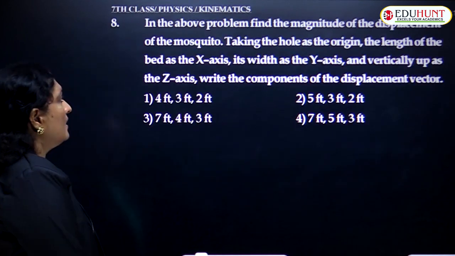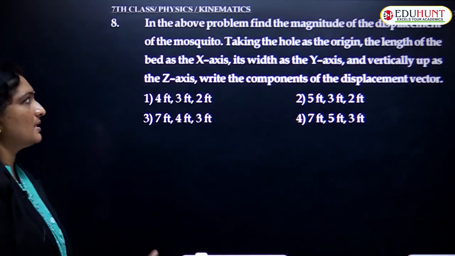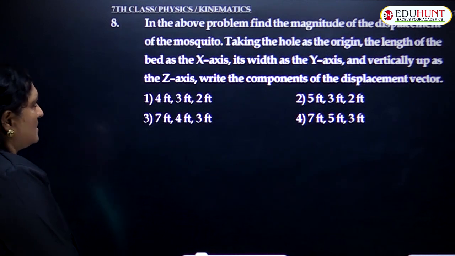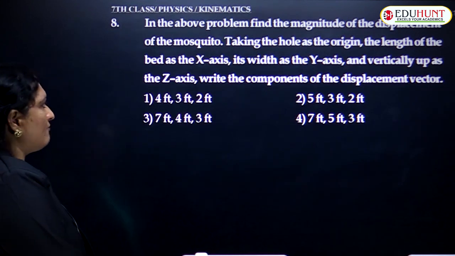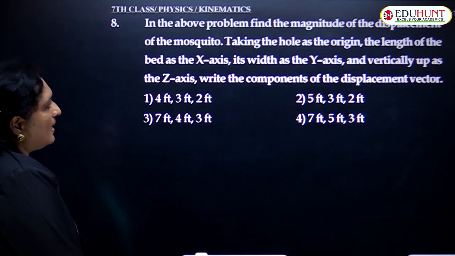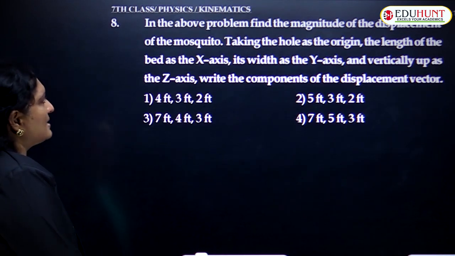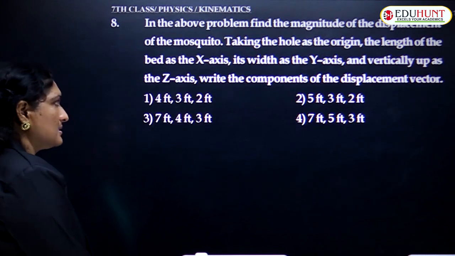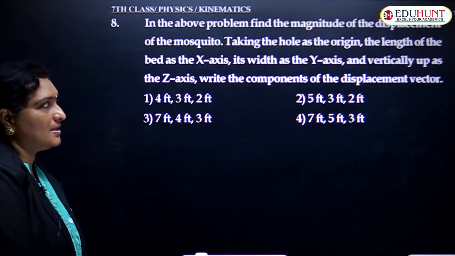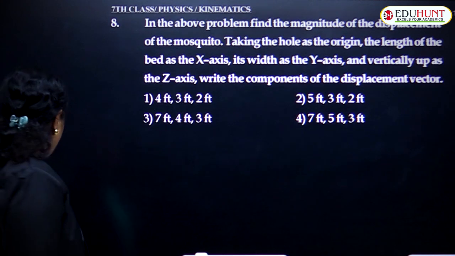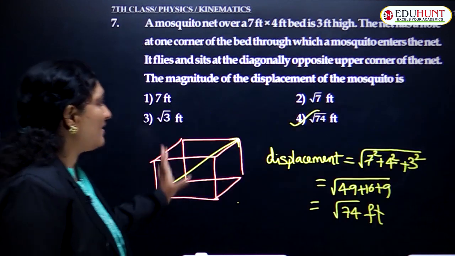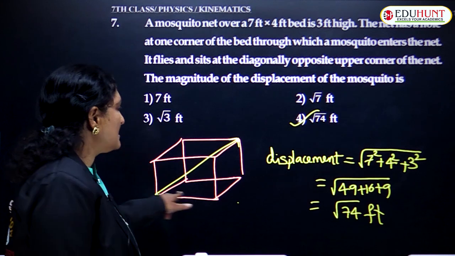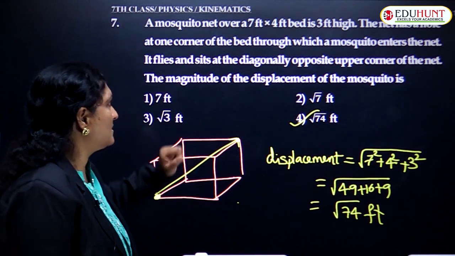Next, in the above problem, the same mosquito problem, find the magnitude of the displacement of the mosquito. Just now we have found it out. Taking the hole as the origin, the length of the bed as the x-axis, width as y-axis and vertically up as z-axis. Write the component of the displacement vector. Just now we have discussed component vectors. This is completely based on the vector concept. How much length it has covered? 7 feet.